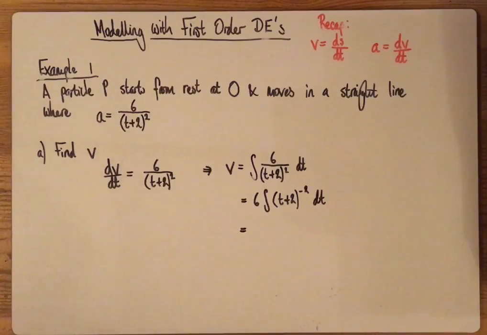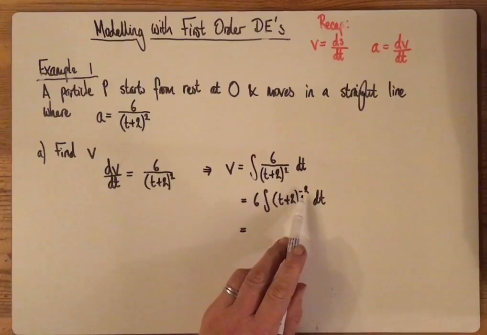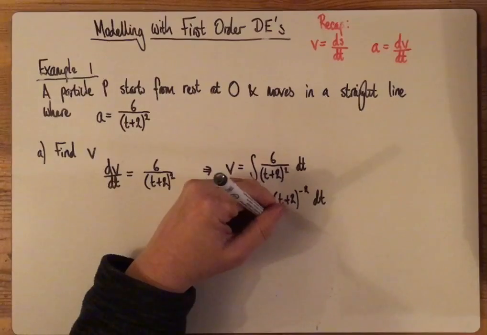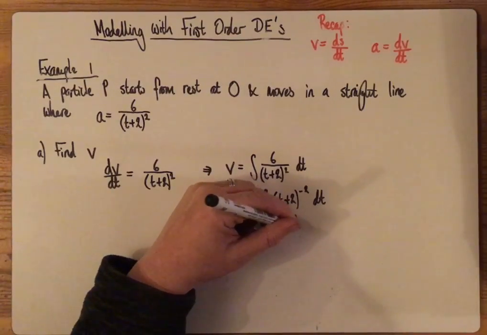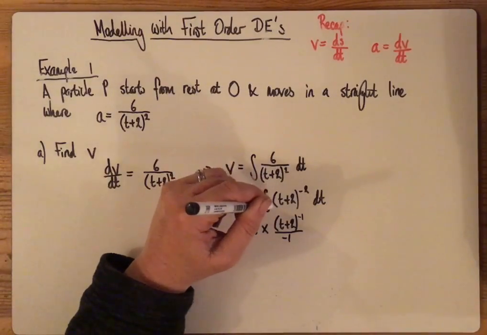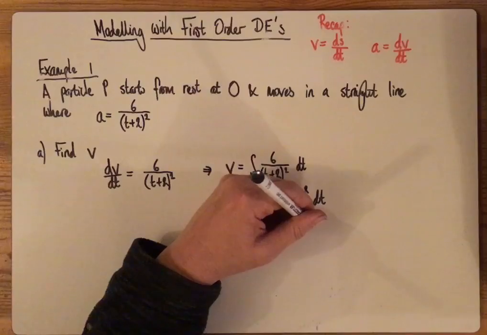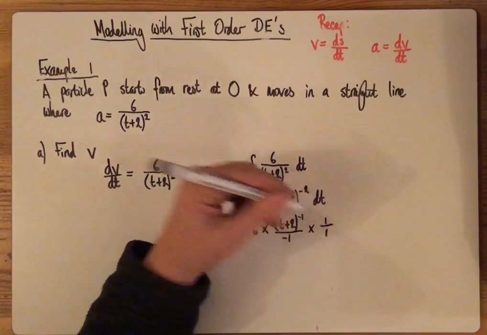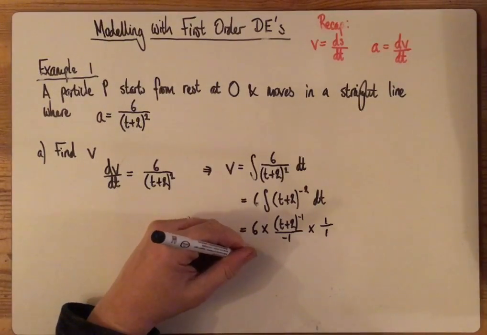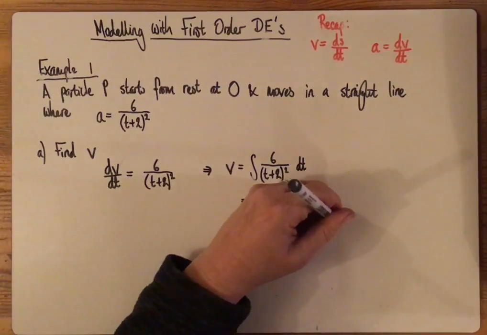We will do some revision on all those trig integrals soon, but don't worry too much about that for now. For this one, I can raise the power by 1 and divide by the new power. Then you need to times by 1 over the coefficient of t. The coefficient of t in this case is just 1, so it's not going to make any difference. And then I've got plus c on there.